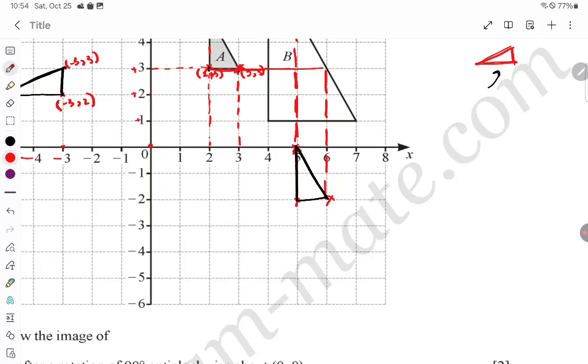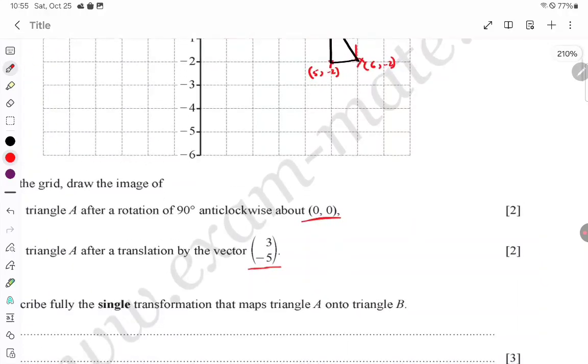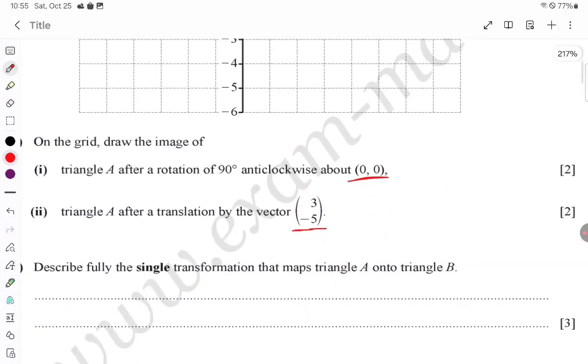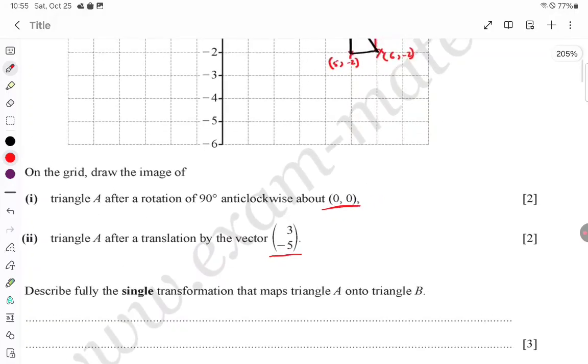Write their coordinates like (5, -2) here, (6, -2) here, and (5, ...) this is on the origin. So these are the coordinates for the second part, triangle A after our translation.